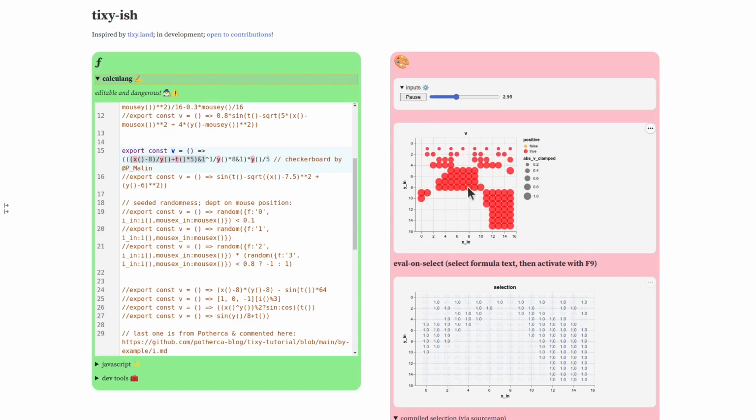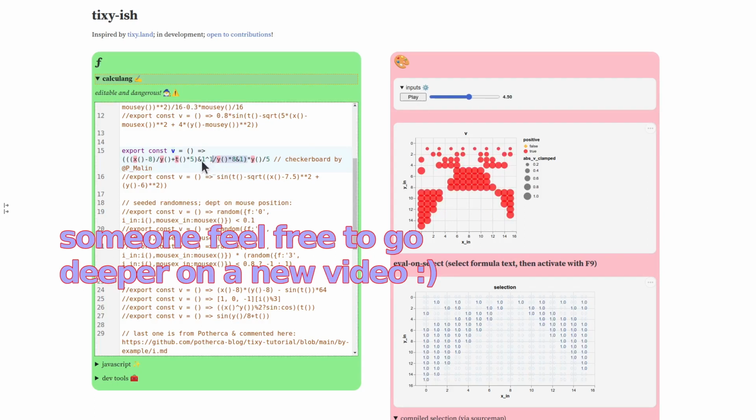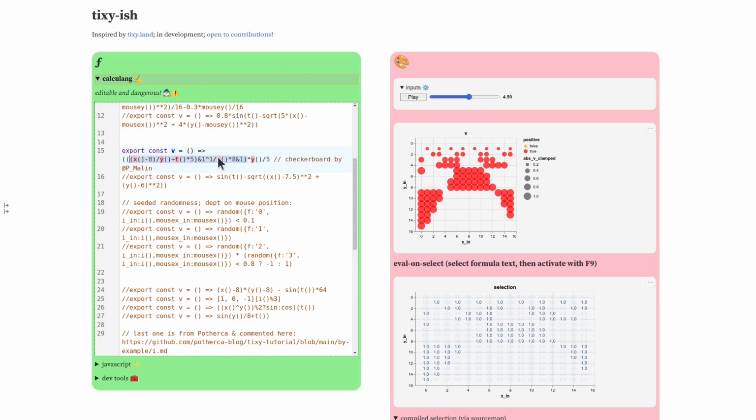Something in the y is causing a partition there as well. There's more to this formula, and I haven't fully figured it out, or how to explain it, but that gives us it. And the last little bit is just multiply by y divided by 5. So all that's doing is, remember this is y, it's multiplying by small numbers here and bigger numbers here, which gives you the effect of depth. That's the reason why these balls are smaller than these ones.